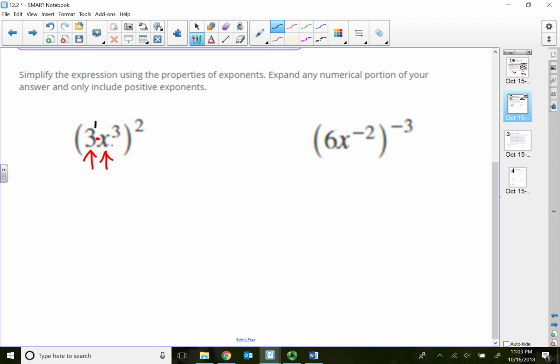There's a base x or a factor x in the parenthesis with an exponent 3. So now my outer exponent 2 will multiply the exponent on top of the 3 and on top of the x. So coming out of the parenthesis, that should be 3 to the 1 times 2, which is 2, x to the 3 times 2, which is 6. So that will be 3 squared times x to the 6, and 3 squared is 9.